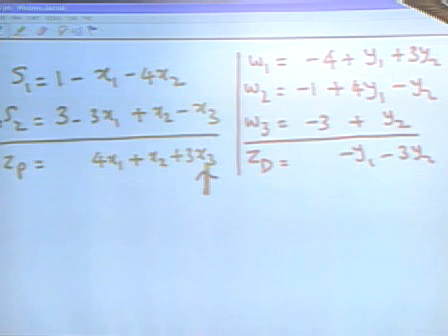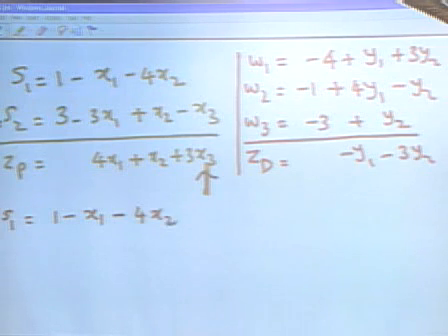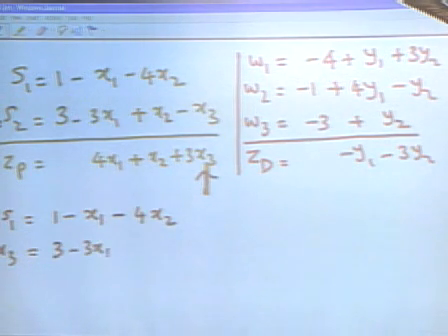What does the new dictionary look like? Well, the S1 row is completely unaffected. So S1 is 1 minus x1 minus 4x2. The second row, I'm going to rewrite it in terms of x3. So x3 is going to be 3 minus 3x1 plus x2 minus s2.